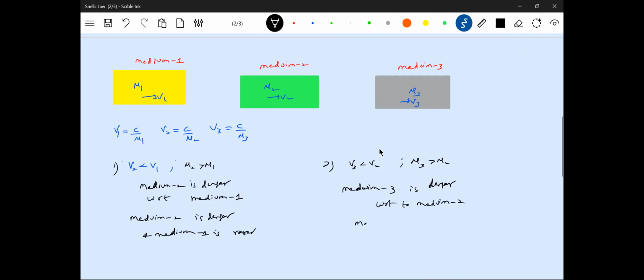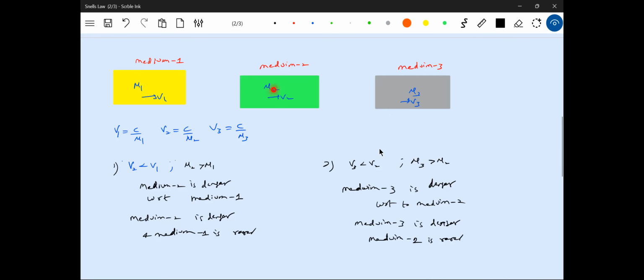So medium 3 is denser, and medium 2 is rarer. So is this denser and rarer absolute? No. Compared to medium 1, medium 2 is denser.